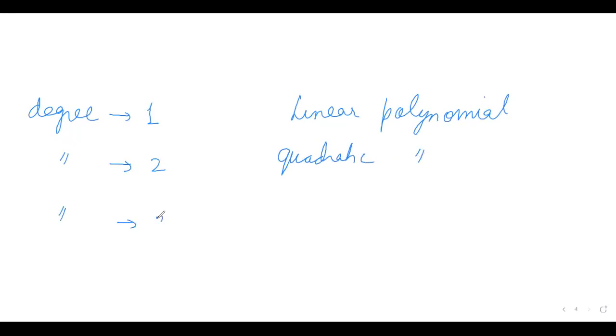If the degree is 3, then we call it a cubic polynomial. If the degree is 4, then we call it a biquadratic polynomial. Okay, so this is the gist of the first exercise.